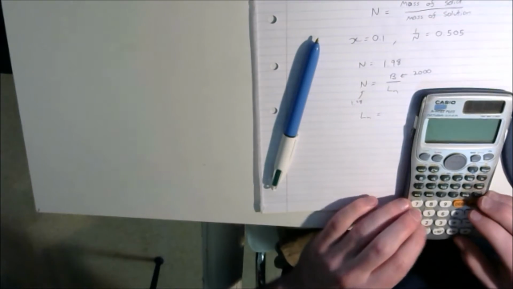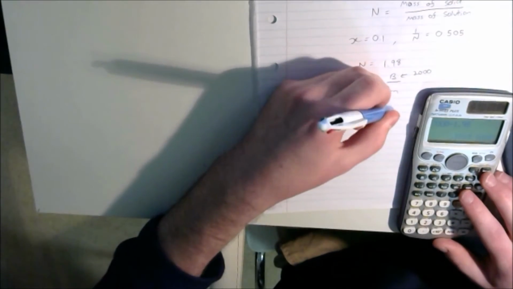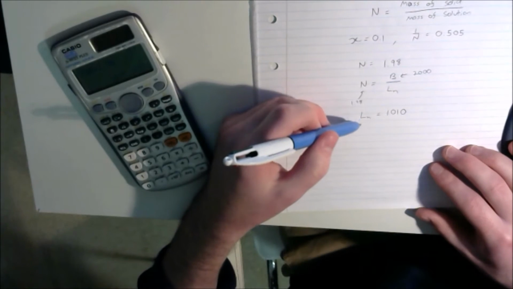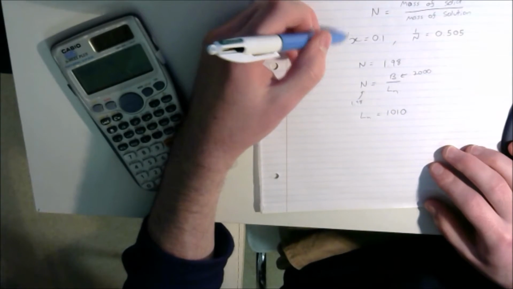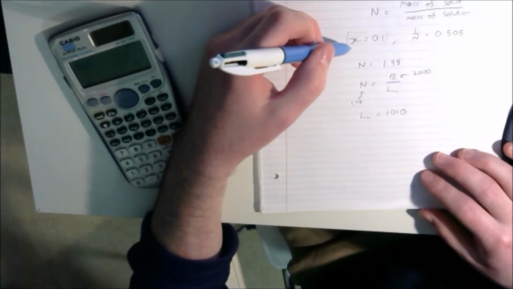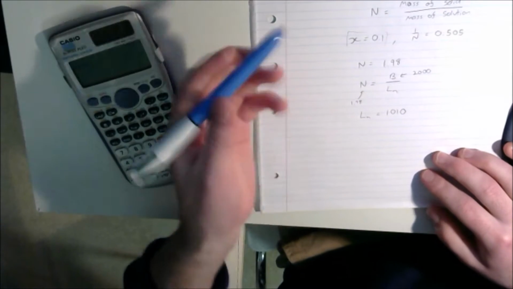So based on this calculation, Ln is going to be 1010. And now what we want to do is, we were given what the concentration of A should be. Let's figure out what it actually is, given the data that we've got.